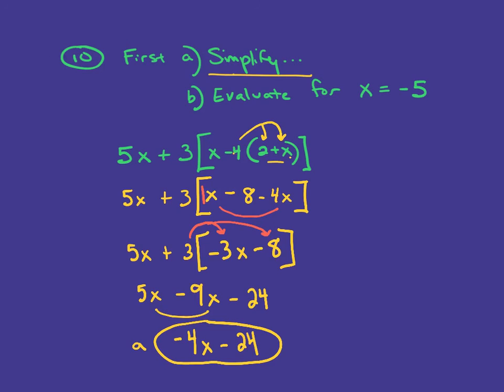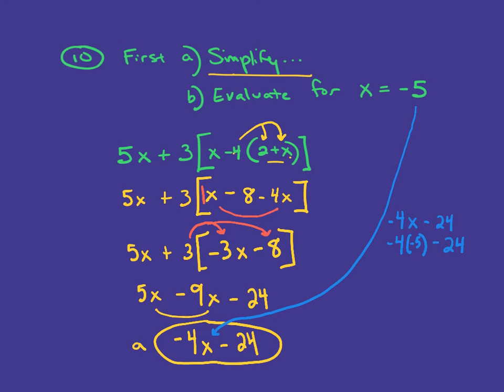Then we want to evaluate for x equals negative 5. So that number would need to go in for x. And we can do that right here. Negative 4x minus 24. So negative 4 times negative 5 minus 24.